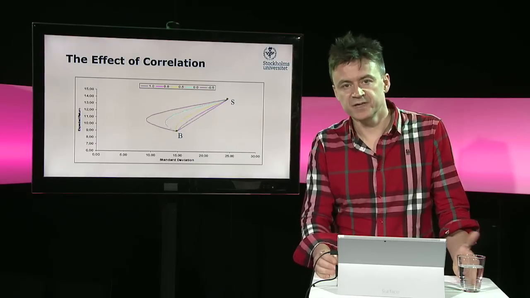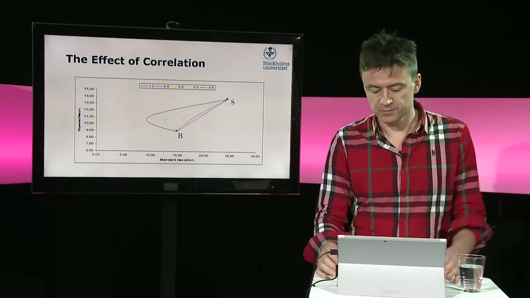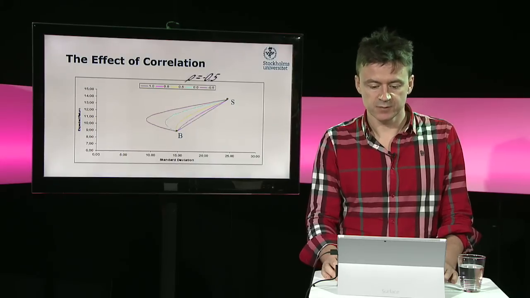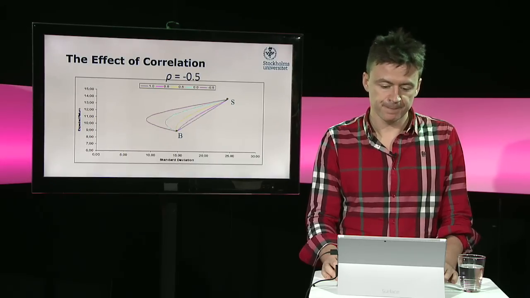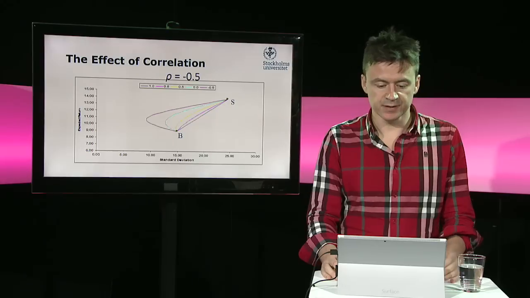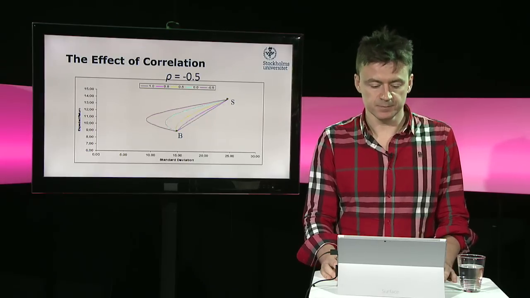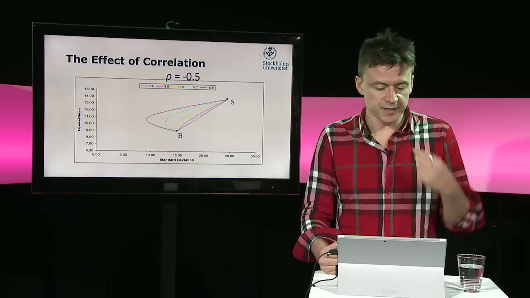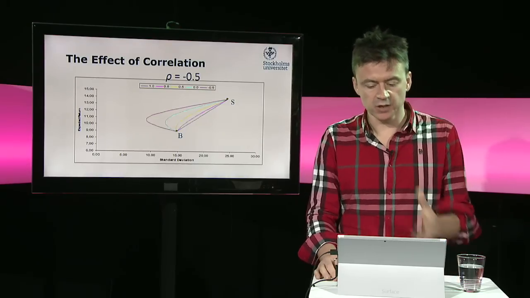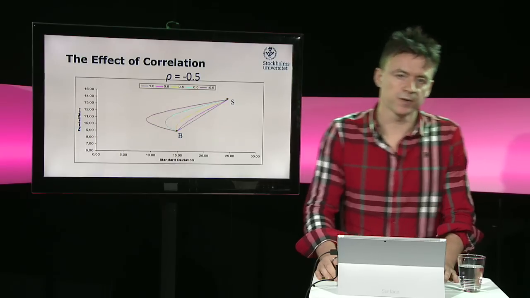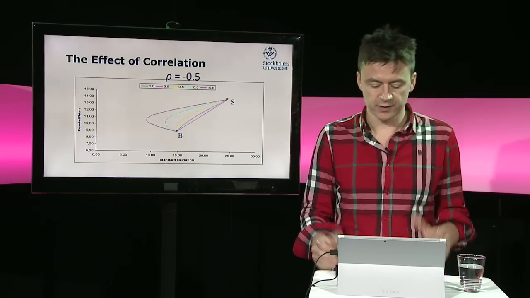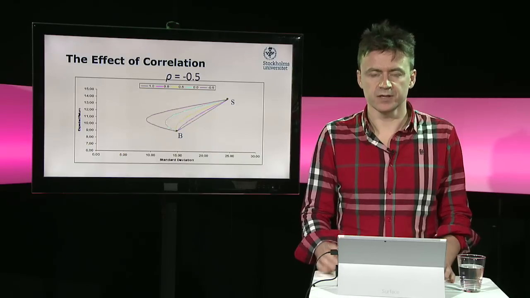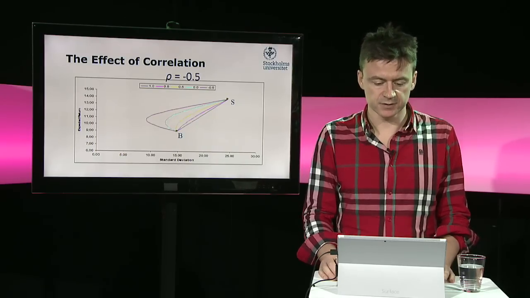Now, we could have even assumed an even lower correlation, for example, minus 0.5. In this case, the bending is actually bigger, and then we can obtain larger diversification gains by going for the portfolio rather than going for full investments in each one of these two risky assets.